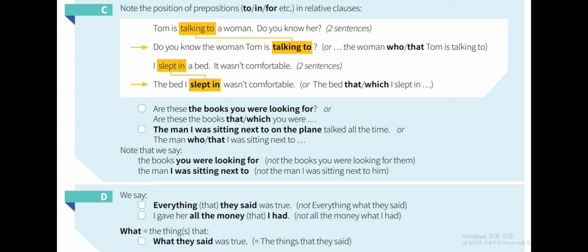The last time I saw her, she looked great. You can also use that: the last time that I saw her, she looked great. We say, the reason I'm calling you, the reason she didn't get the job, etc. The reason I'm calling you is to ask for.